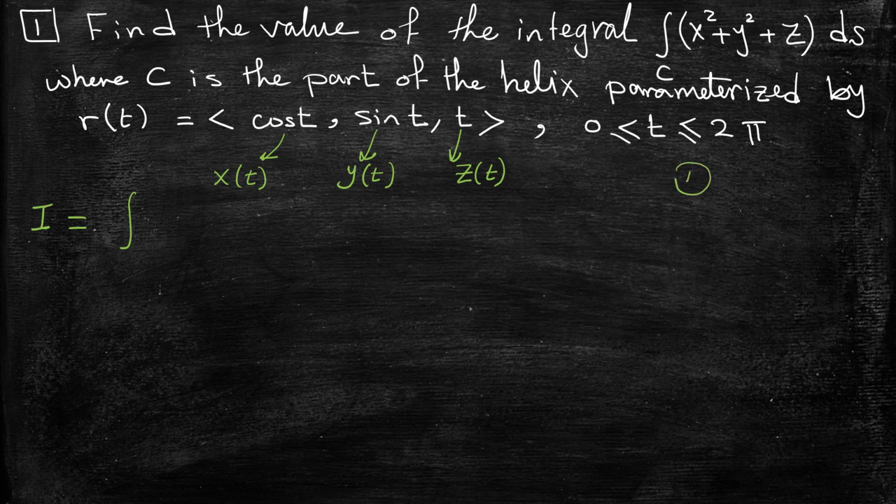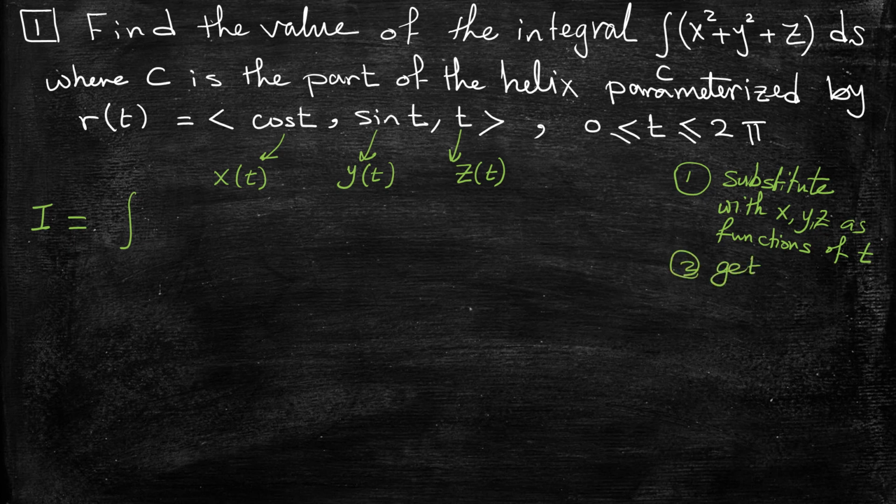So the first step, I will substitute x, y, and z as functions of t, and then get ds also as a function of dt, and the third step will be the integral with respect to t.